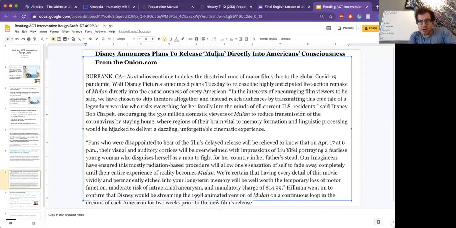In the interest of encouraging film viewers to be safe, we have chosen to skip theaters altogether and instead reach audiences by transmitting this epic tale of a legendary warrior who risks everything for her family into the minds of all current U.S. residents, said Disney CEO Bob Chapek, encouraging the 30 million domestic viewers of Mulan to reduce the transmission of the coronavirus by staying home, where regions of the brain vital to memory formation and linguistic processing would be hijacked to delivering a dazzling, unforgettable cinematic experience.